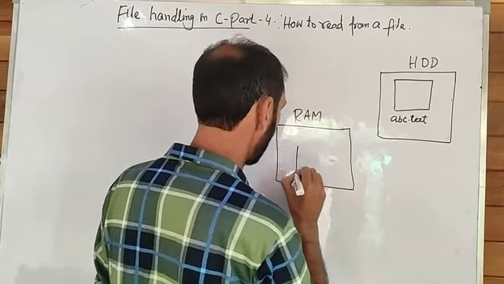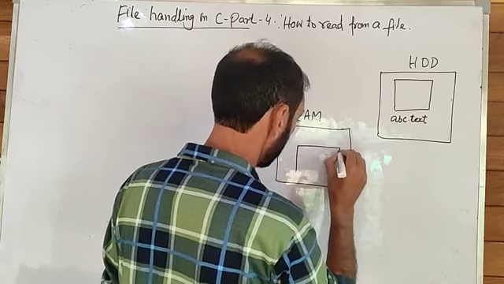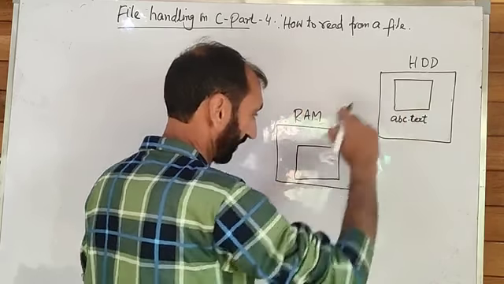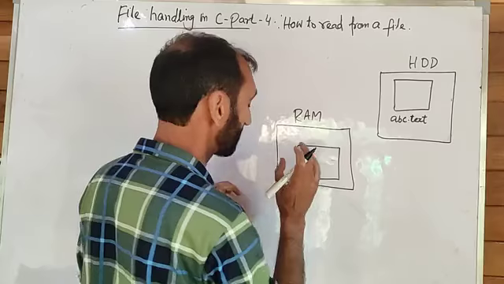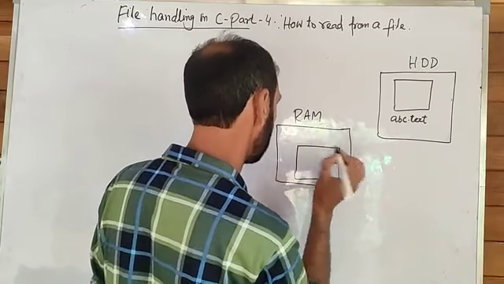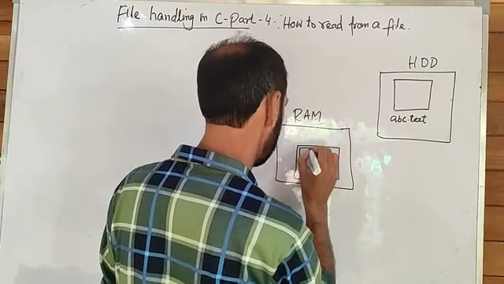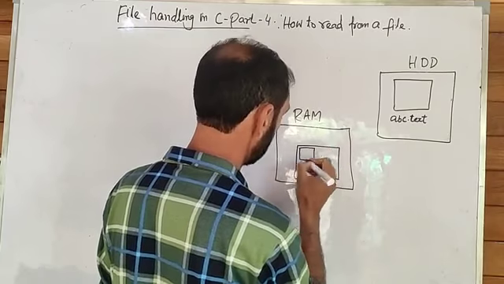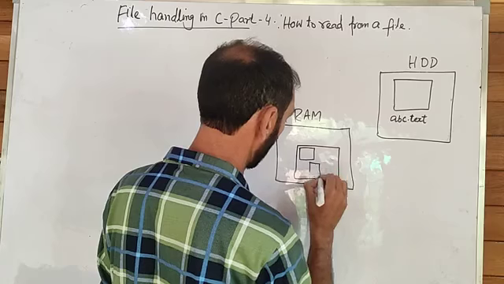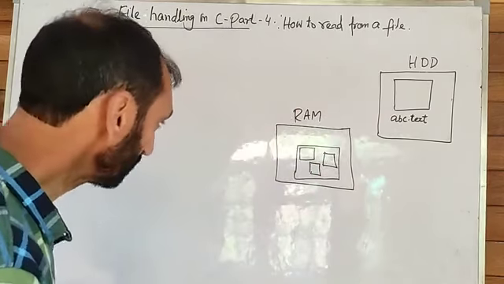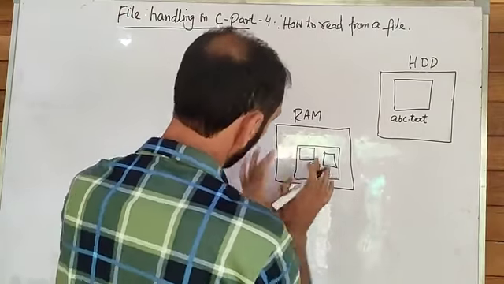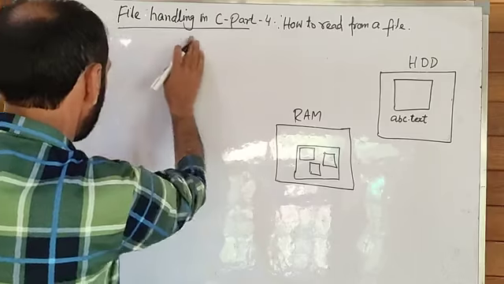For example, this is our buffer, because some memory will be allocated by the memory manager for this file in the main memory, in the RAM. In this buffer, we first have to create a file pointer. This is a file pointer, and this is the object of type FILE. Now first of all, I will write a program.